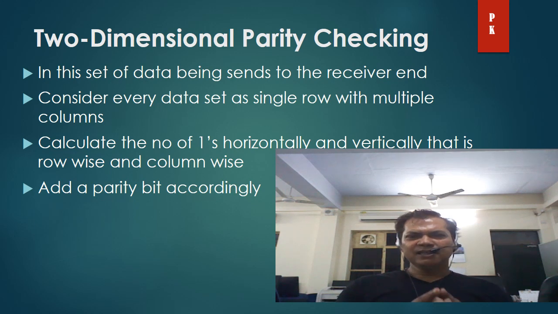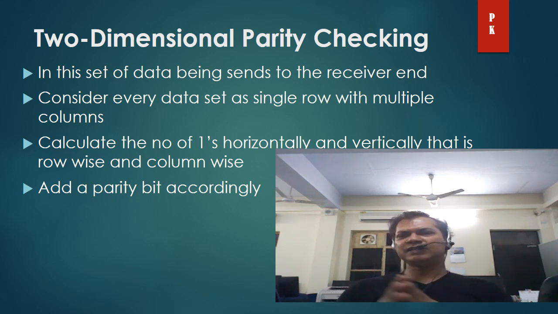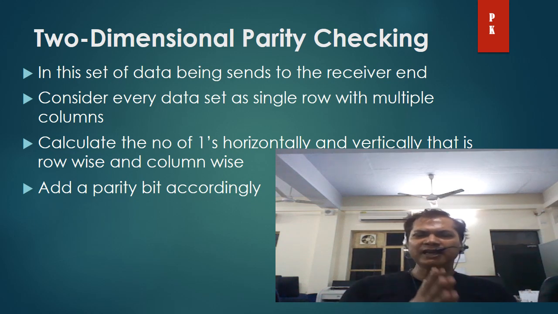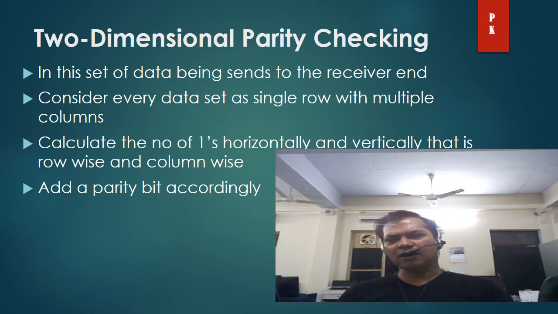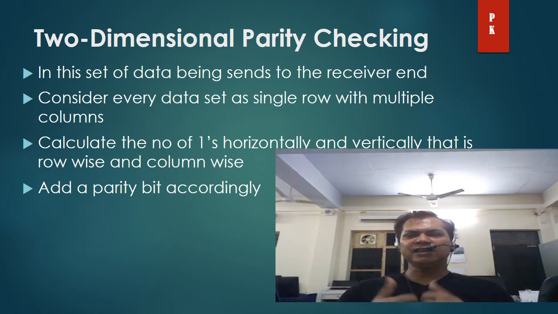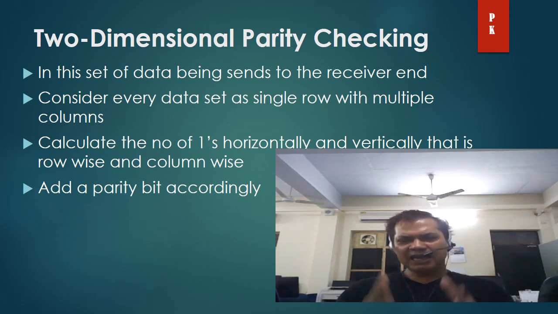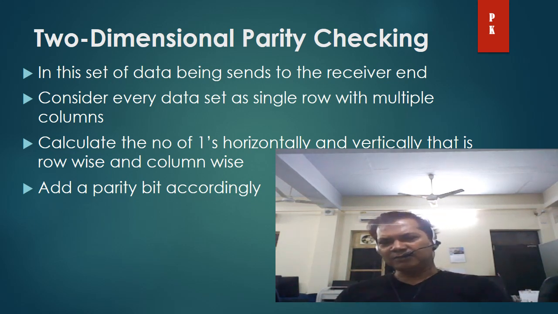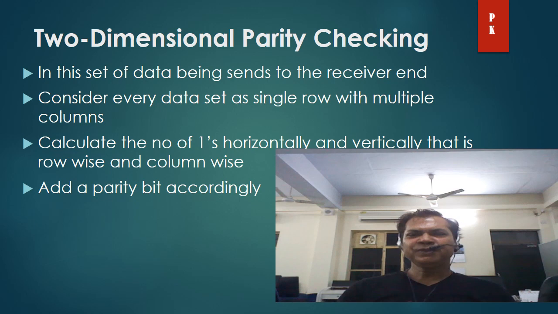Before sending this data from the sender to the receiver, we calculate the number of ones in rows as well as in columns, and after receiving, we again check the number of ones in rows as well as in columns. If both match, then the parity bit, of course, we are going to add.